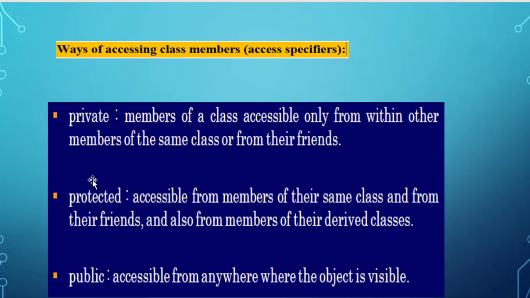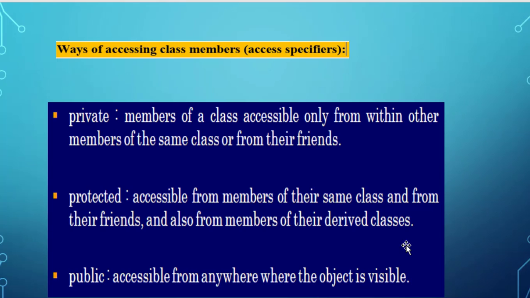So when a member is protected, it means it can be accessible from members of the same class or from their friends, but it can also be accessed from members of their derived classes, as we will see in the next tutorials.